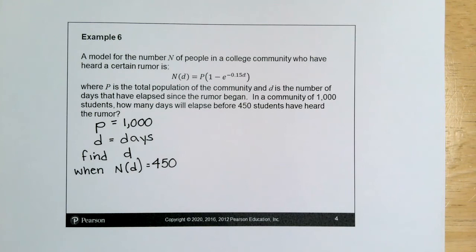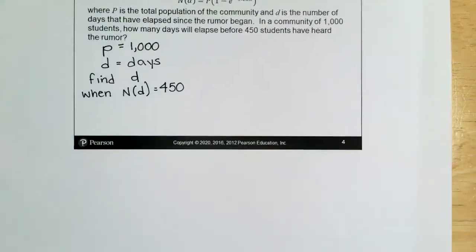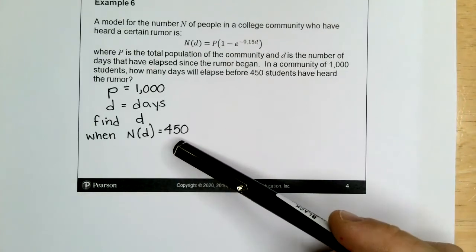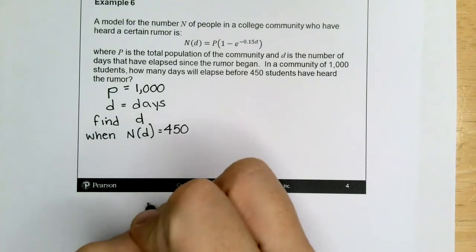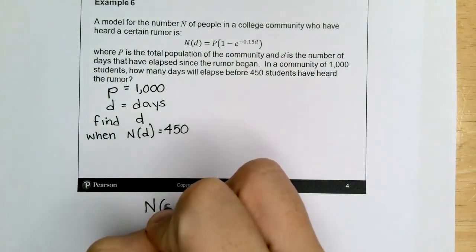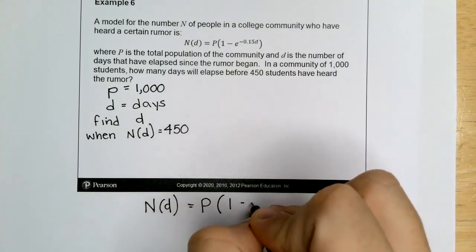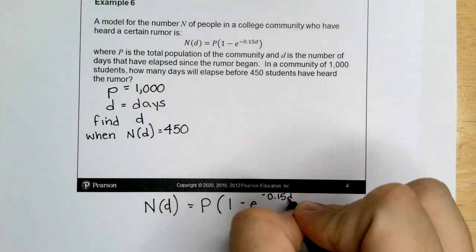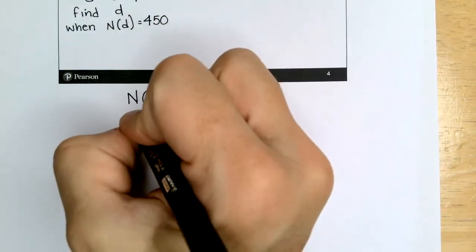What is D when n of D is 450? So we're just going to put those into our equation. We know that P is 1,000. We know n of D is 450, but we need to find this D up here. So I'm just going to rewrite the whole thing so that it's super clear. n of D equals P times 1 minus e to the power of negative 0.15D. Good. We know n of D is 450.